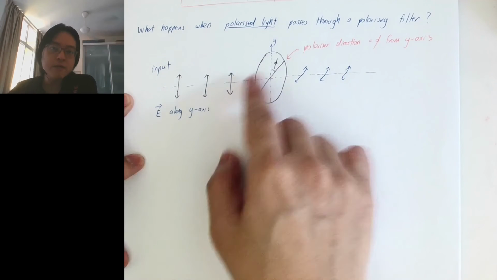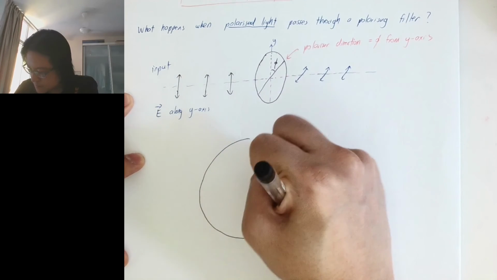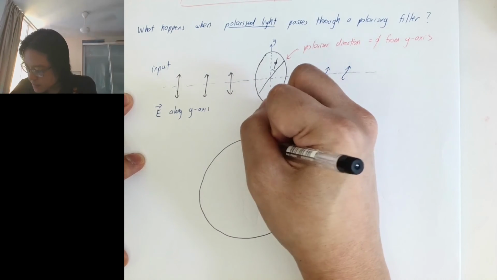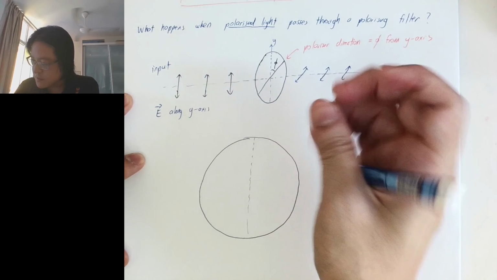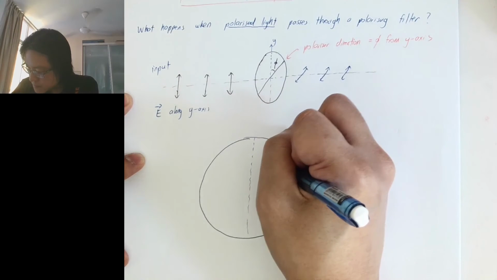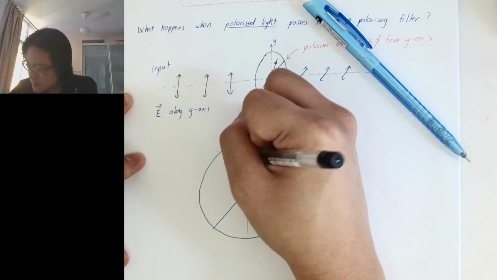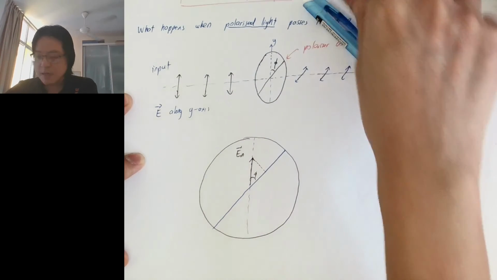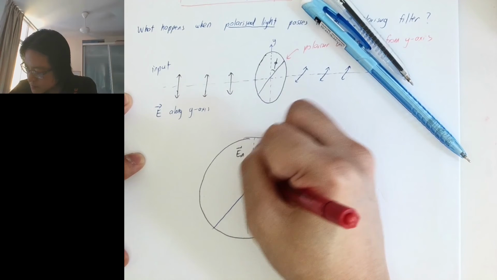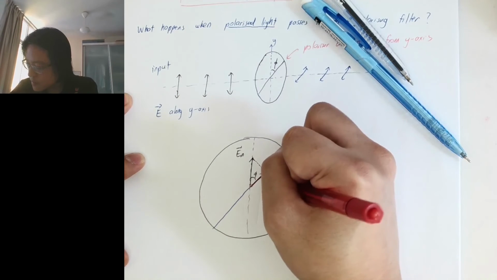Remember that any vector can be resolved along this direction. So if the direction of my filter is this direction, and my original electric field is this way, and the angle phi is this way, then the component along this direction is going to be E, the input magnitude, times cos phi.